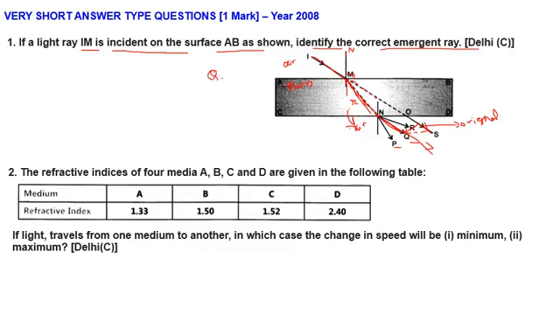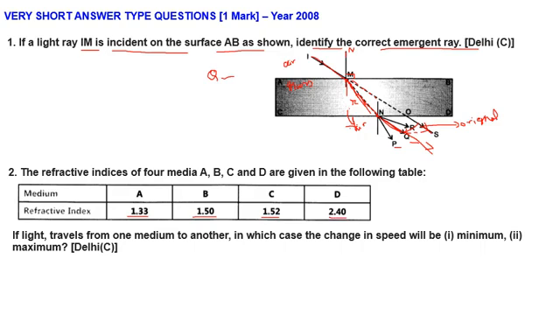Okay, next, the refractive indices of the four media A, B, C, D are given in the following table. Now let's see: the refractive index of A is 1.33, B is 1.50, C is 1.52, and D is 2.40. Whenever we have to compare the refractive index, we need to take two mediums, right?